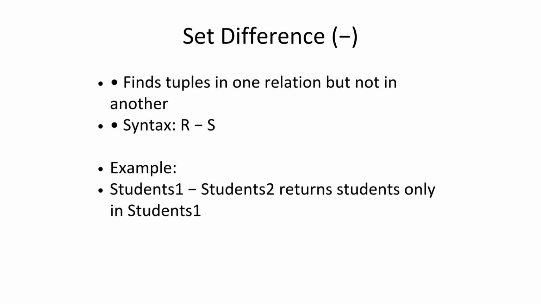The set difference operation, denoted by minus, finds rows that are in one relation but not in another. Syntax: R minus S. Again, both relations must be union compatible. Example: Students 1, ID 1, 2, name Alice, Bob.